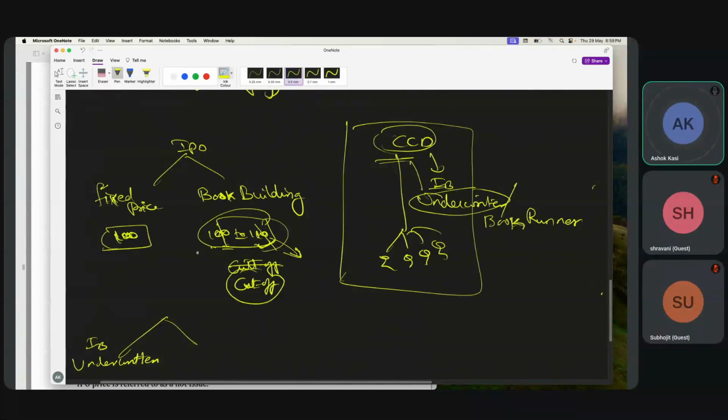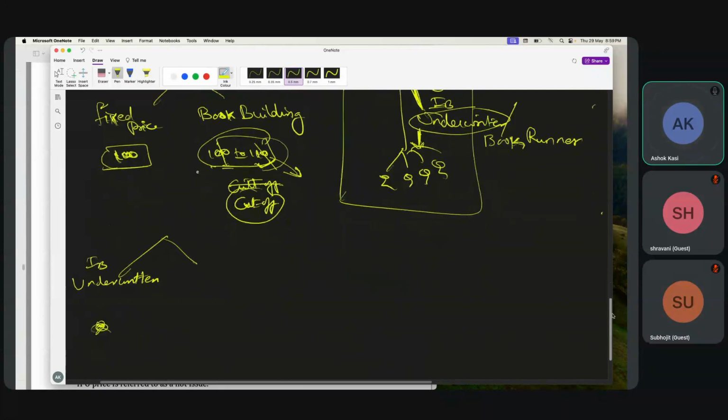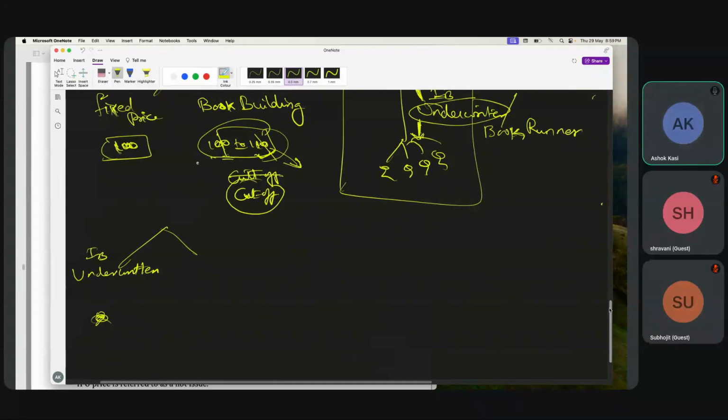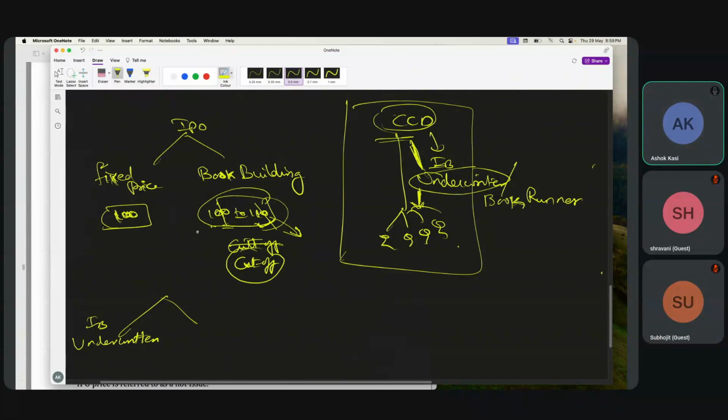They will buy it from the company and then they will resell it back to the investors at a higher price. That is underwriting. Normally they will get a commission like 1 to 5% of the issue.